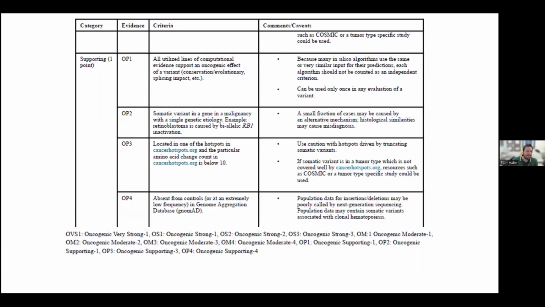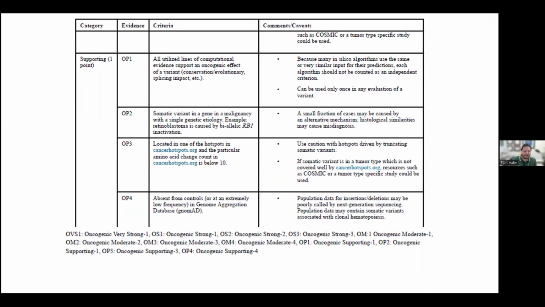So now we're going in decreasing strength of evidence. So OP1 here is all utilized lines of computational evidence support an oncogenic effect of a variant. And these are in silico algorithms that we're going to get into a little more later. Somatic variants in a gene in a malignancy with a single genetic etiology.